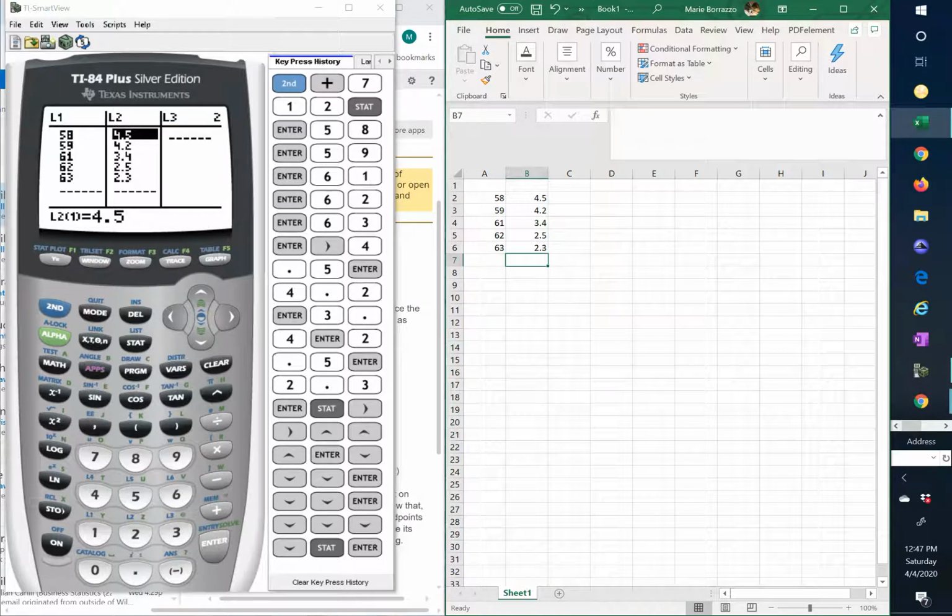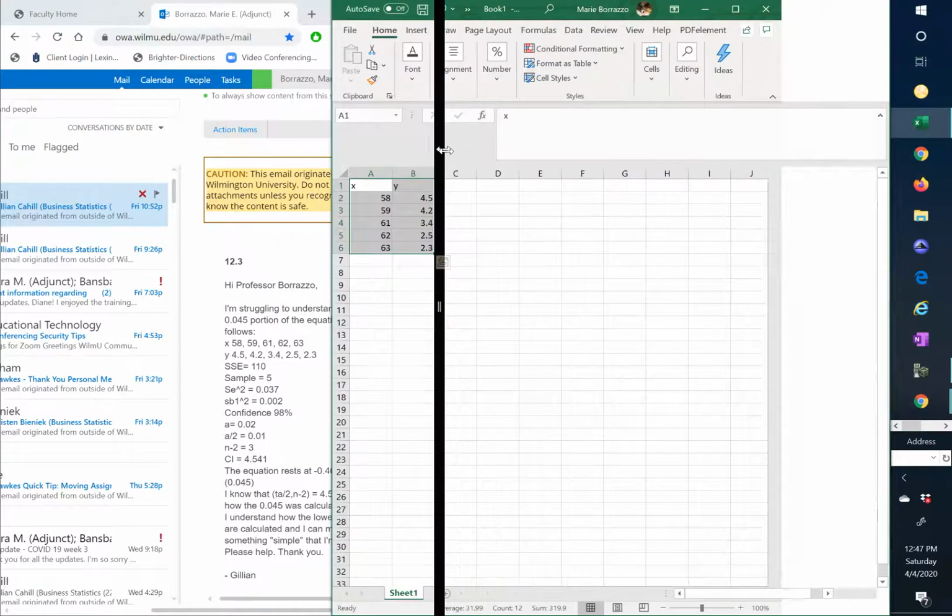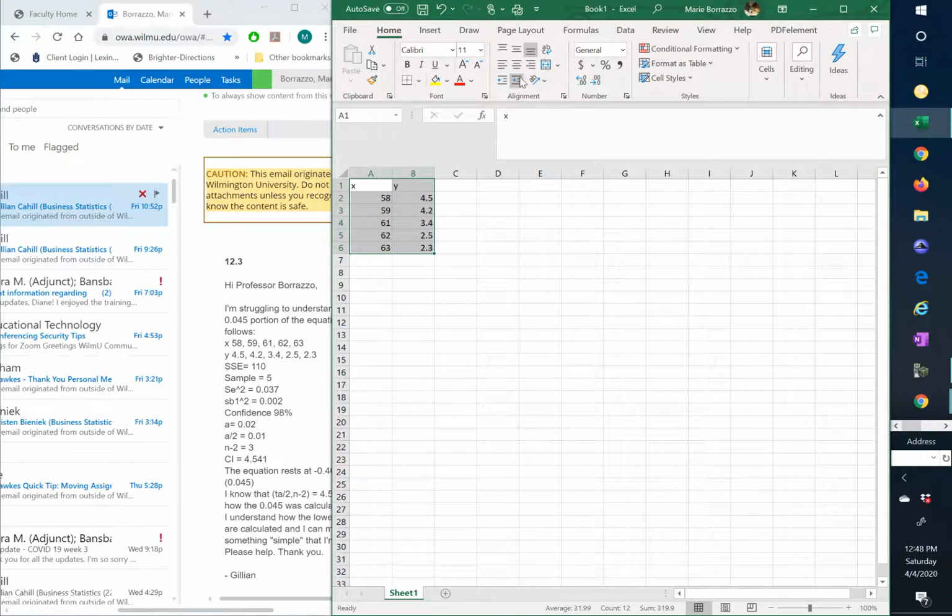Okay, so I have, in a sense, what we would consider an X value and a Y value, okay? And what we're going to do is use the Excel functions to replicate what the calculator just gave us, right? I'm a little neurotic, so I like aligning things up a little bit. So let's see, we want the center. There we go.